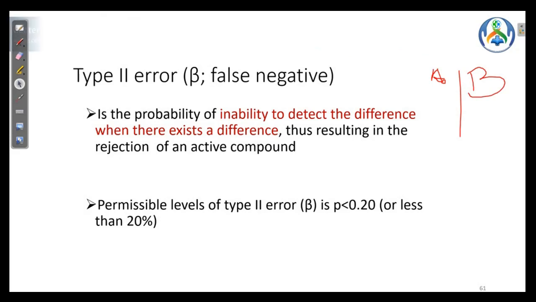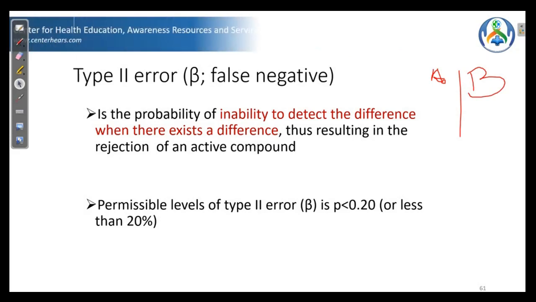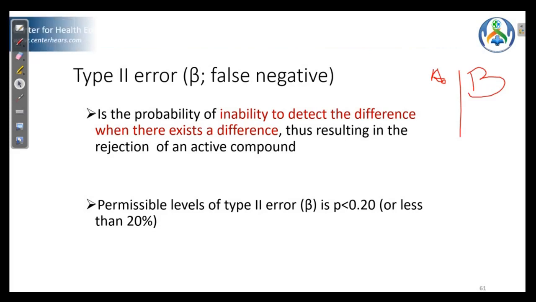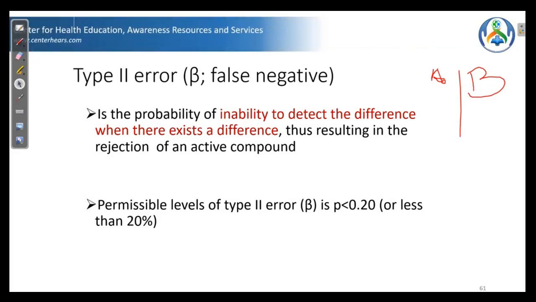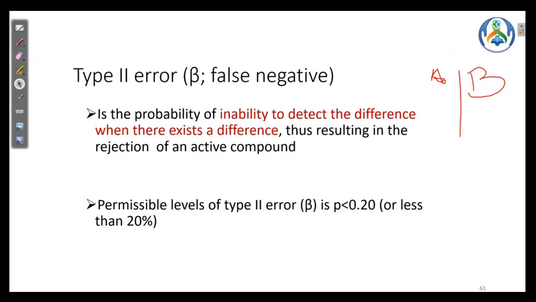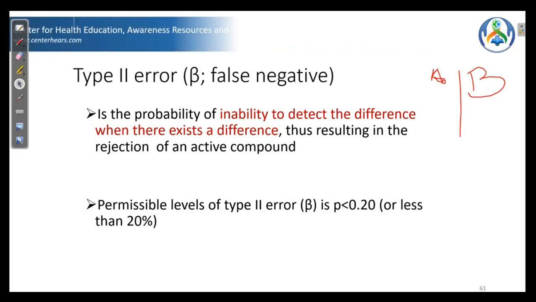So in that case it is a false negative. It means our study fails to show it, but actually there is a difference. And this permissible limit is 20%.